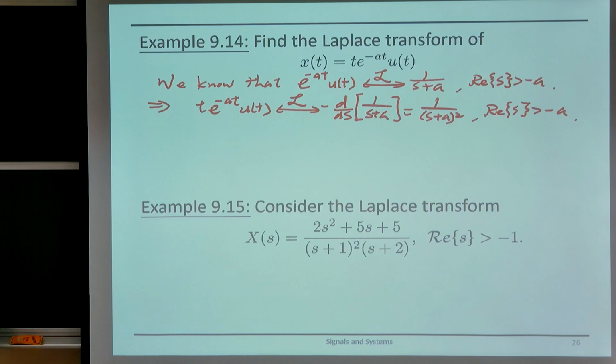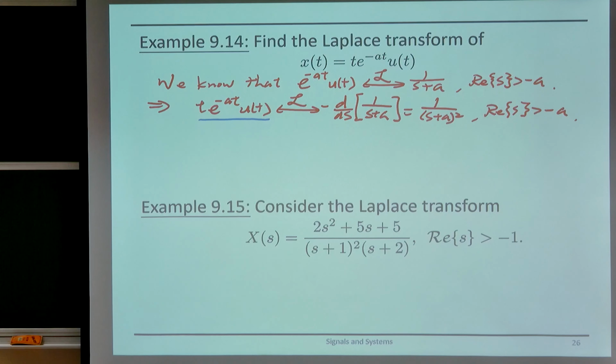Now we can generalize this further. Suppose you treat the entire thing as the new x. If you take the derivative of this 1 over s plus a squared, then you should get minus t times this new x.